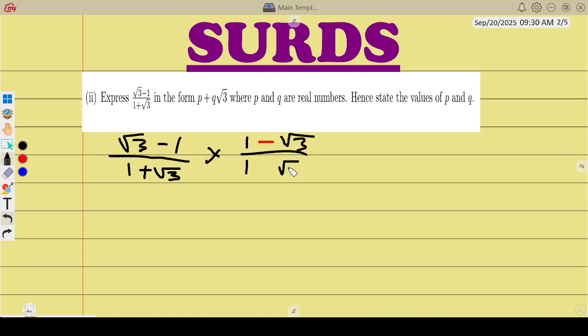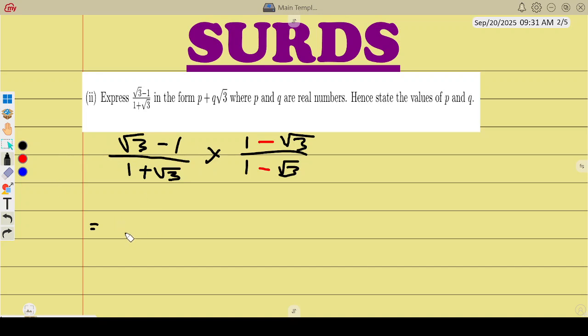So here we have a plus, meaning the conjugate of 1 plus root 3 is 1 minus root 3. And then from here we just multiply. What is root 3 times 1? And also we are going to multiply root 3 times root 3 there.